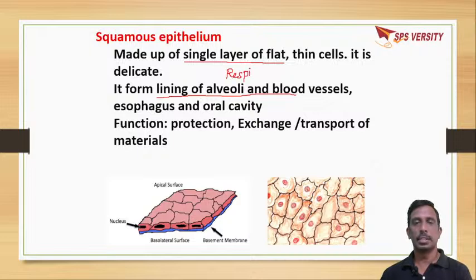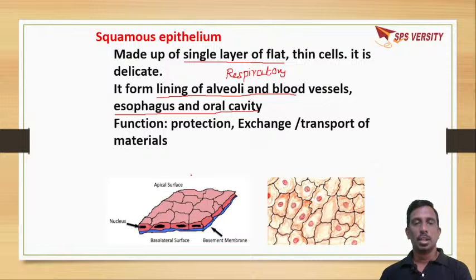The respiratory system ends with a balloon-like structure, so it is called alveoli. Also in the lining of esophagus and oral cavity. What you are seeing is squamous epithelium in which the cells don't have intercellular space between them.